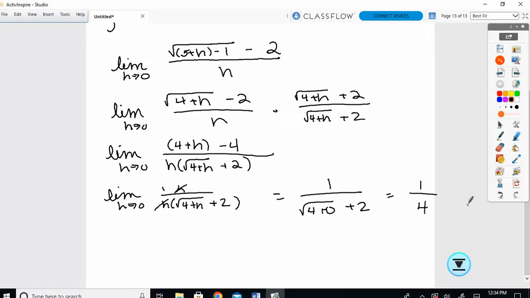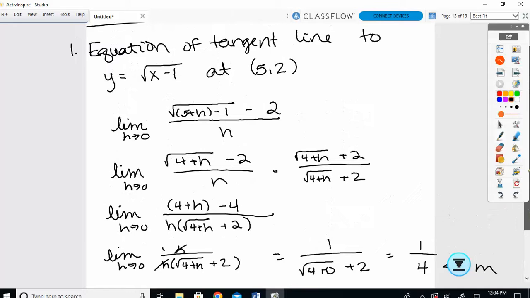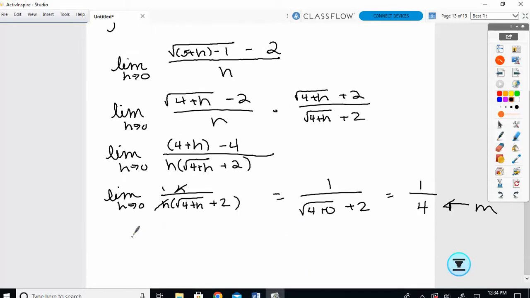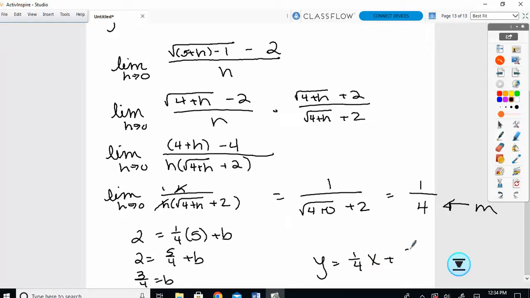So now I have the 1/4, which is my slope. We had the point, so plug into y equals mx plus b. We get a b value of 3/4, so the equation of the tangent line at that point is y equals 1/4 x plus 3/4.